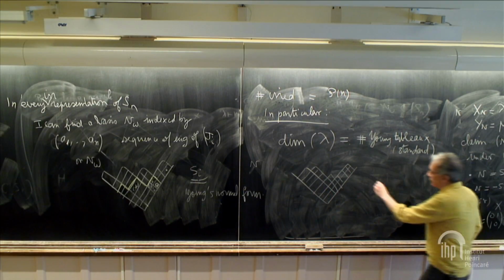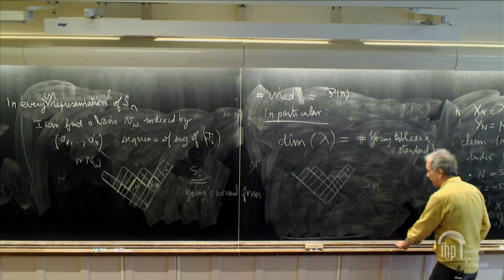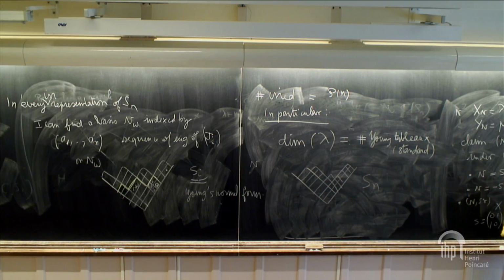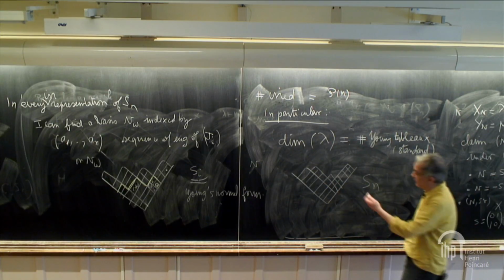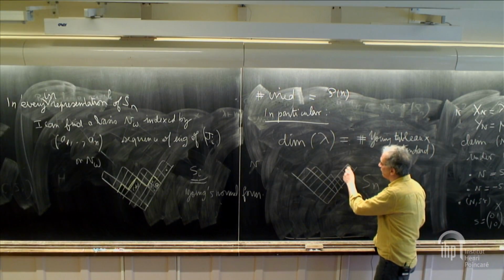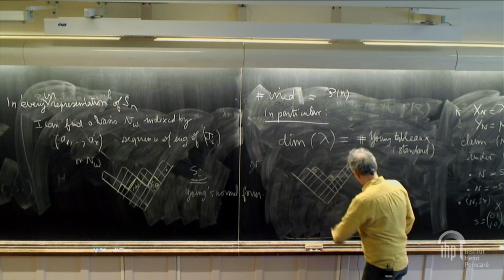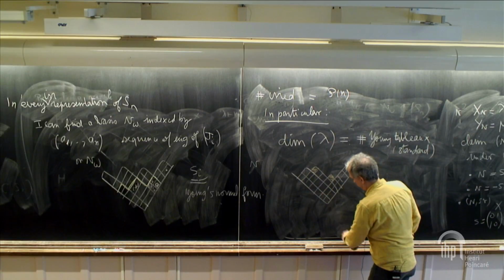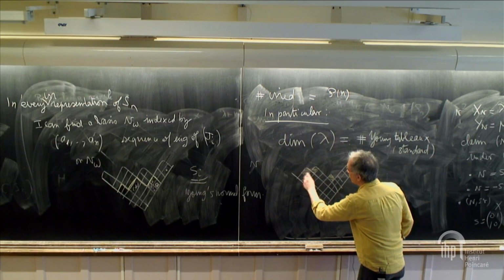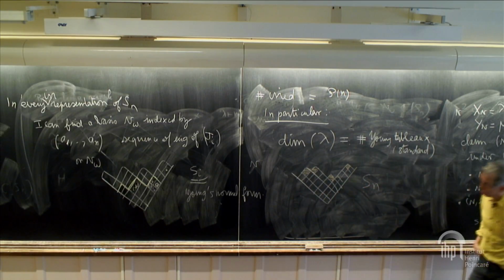So it corresponds to a representation of Sn. What do I need to do in order to obtain a representation of Sn minus 1? I need to erase some box, so it has to be a corner. So either this one, or this one, or this one, or this one maybe. So here there are 4 possibilities.